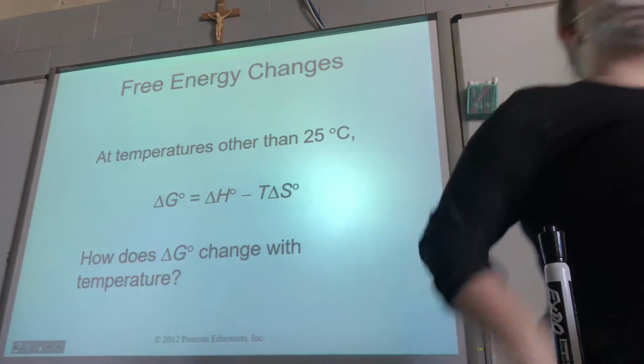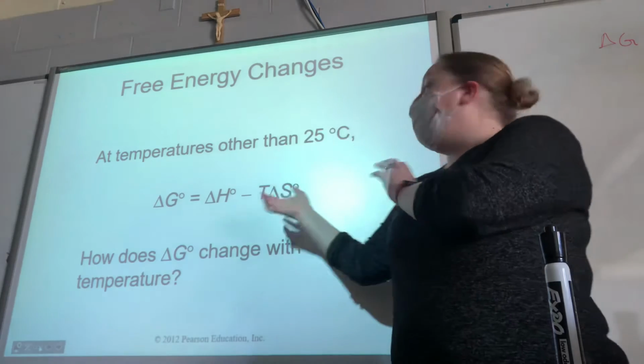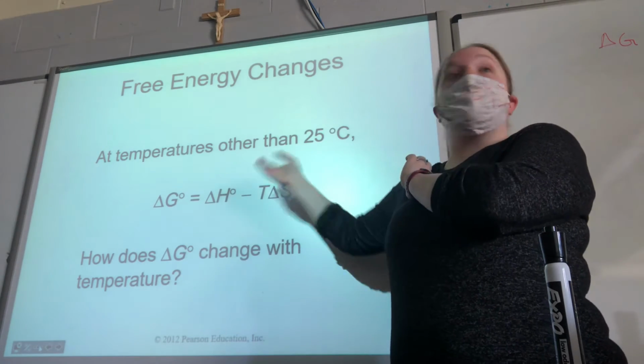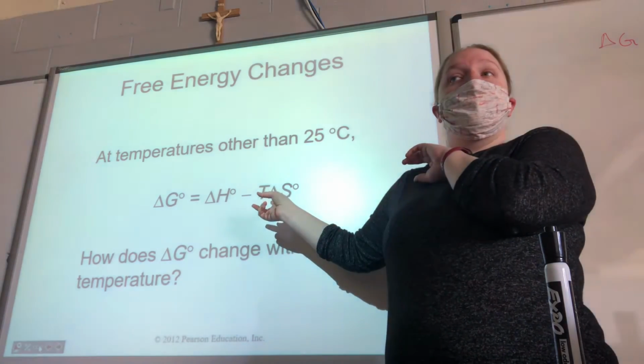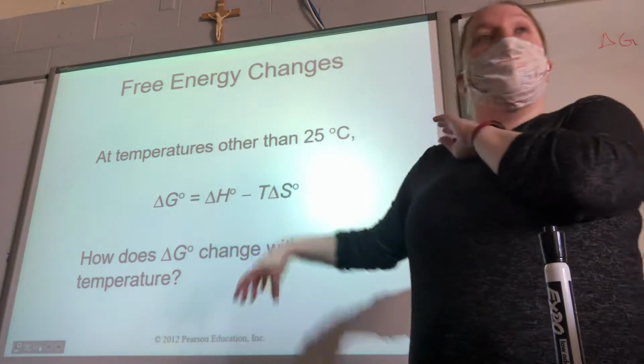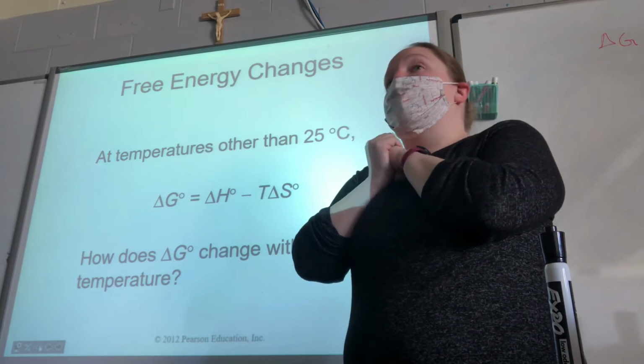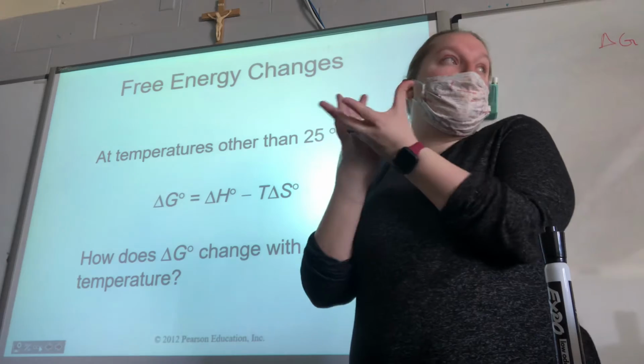Now, let's say you're given delta G and delta H. Can you calculate delta S? Theoretically, if you know the temperature, right? So this particular equation works for multiple uses. And one of the things that we're going to see is interpretation of this equation.